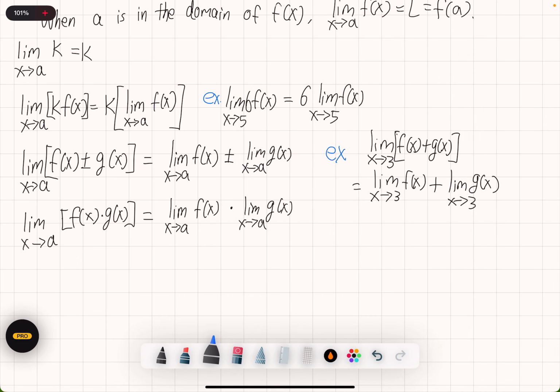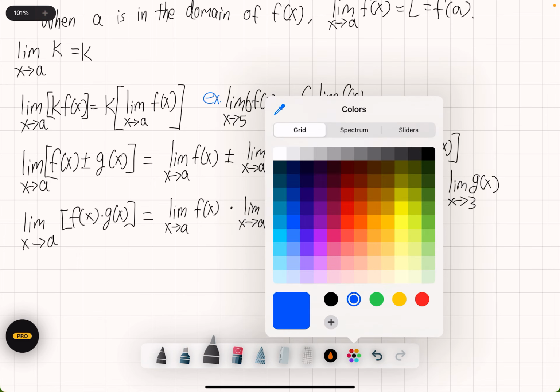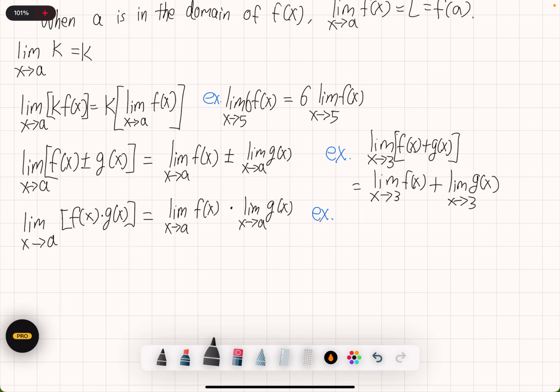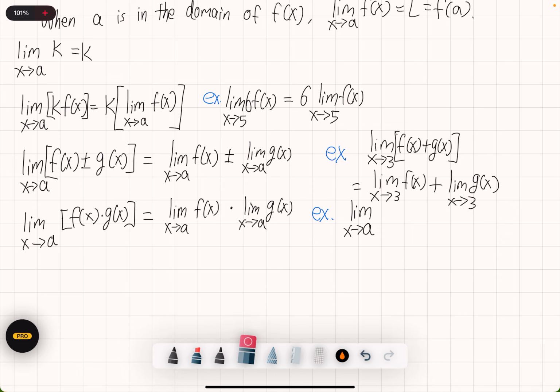So an example here would be, let's say a was 4.